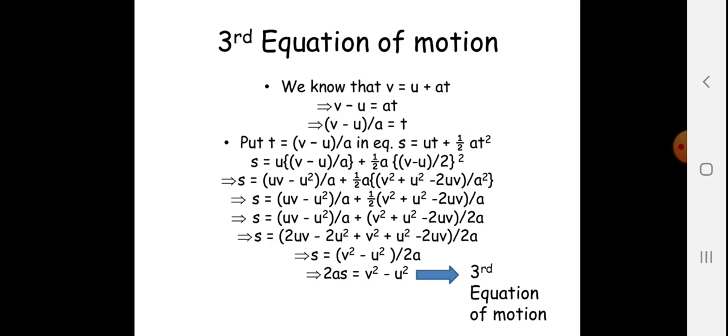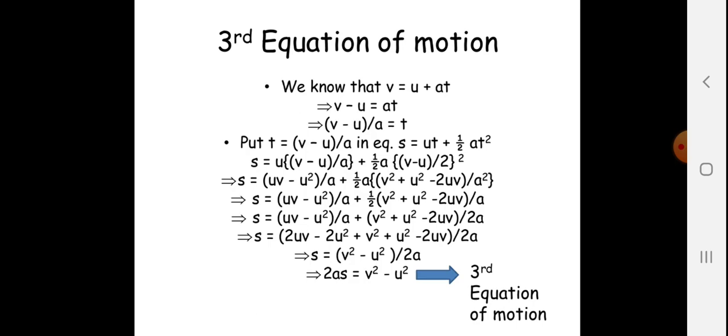So equation number 2 was s is equal to ut plus 1/2 at square. So s is equal to u, and instead of t, substitute the value v minus u upon a, plus 1/2 a, again t square, that means v minus u upon a whole square.